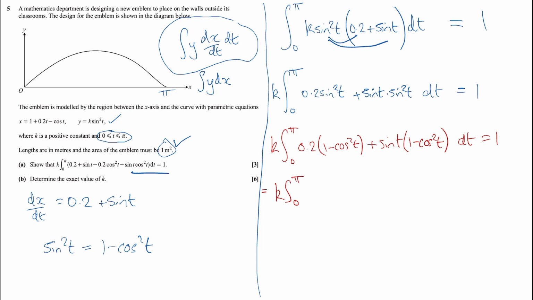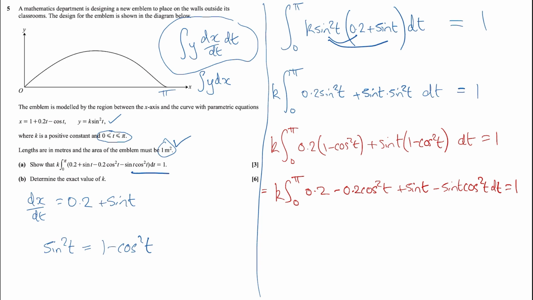0.2 times 1 is 0.2, 0.2 times negative cos squared is minus 0.2 cos squared, and then we've got plus sine t minus sine t cos squared t dt equals 1. Is this the same?